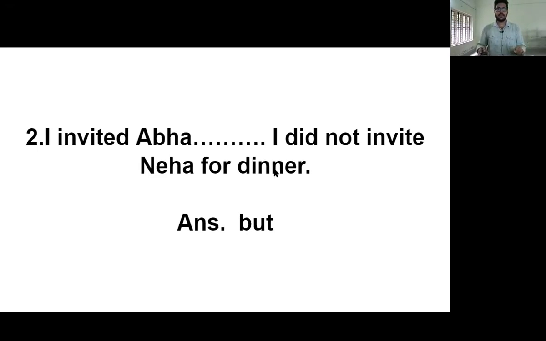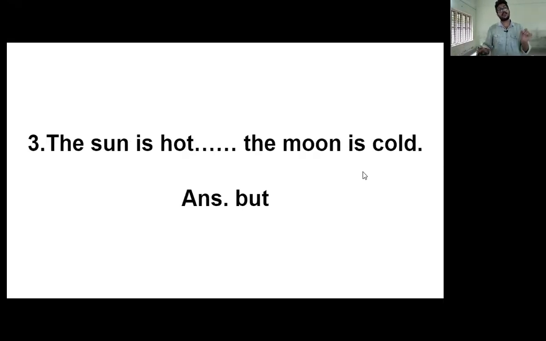Hope you got the answer. Now moving to the next sentence. The sun is hot dash the moon is cold. So the answer is but, because these two statements are different, right? The sun is hot and moon is cold. No, the sun is hot but the moon is cold.